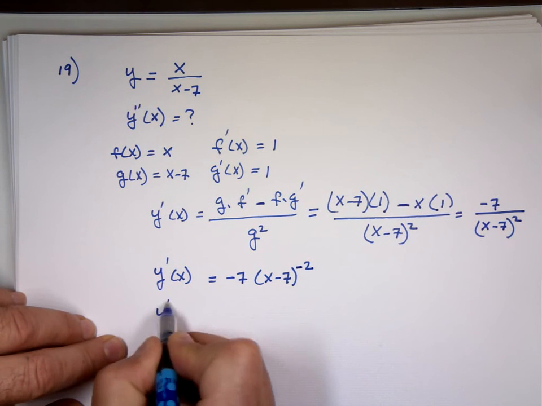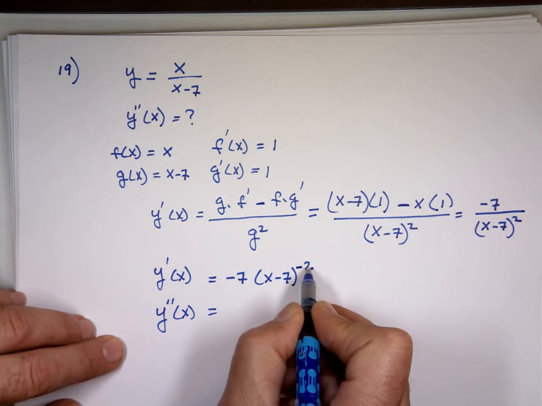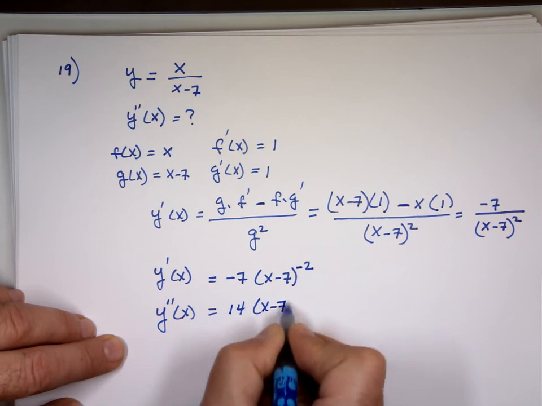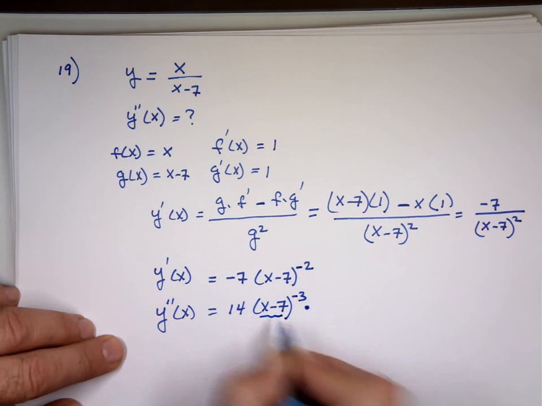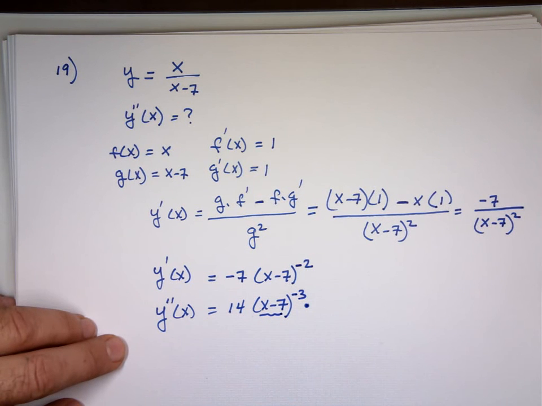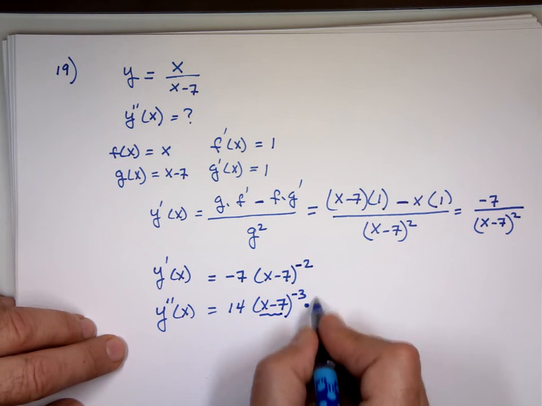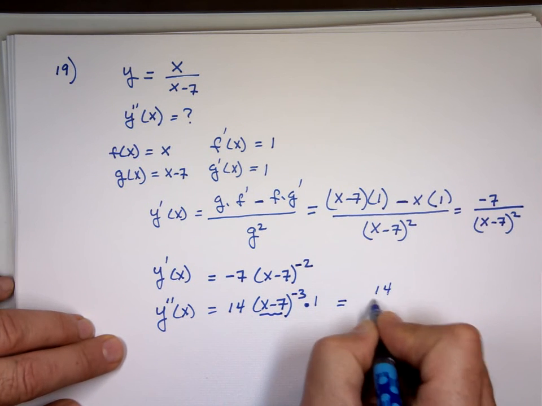You multiply this times that, it becomes positive 14. x minus 7 to what power? Negative 3, times the derivative of what's on the inside. What is the derivative of x minus 7? Try again. 1. So it's 14 over x minus 7 cubed.